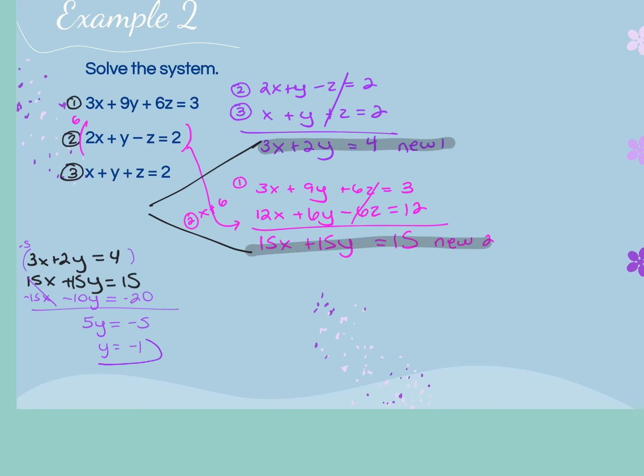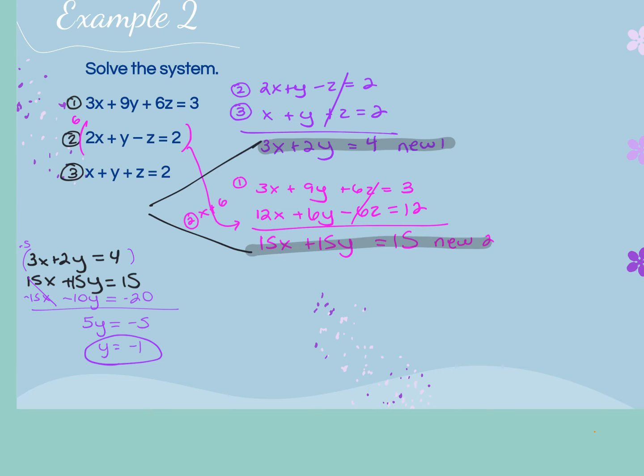So now I have my first solved variable. To get to the second one, I have to plug it back into a new 1 or new 2 equation.